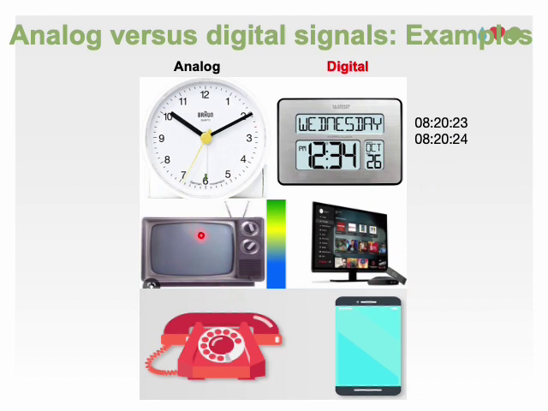If we use TVs with an antenna, as shown here, it means that they receive radio waves of varying amplitude, frequency, and phase in analog form. The received information then represents the brightness, color, and sound that we see on TV.